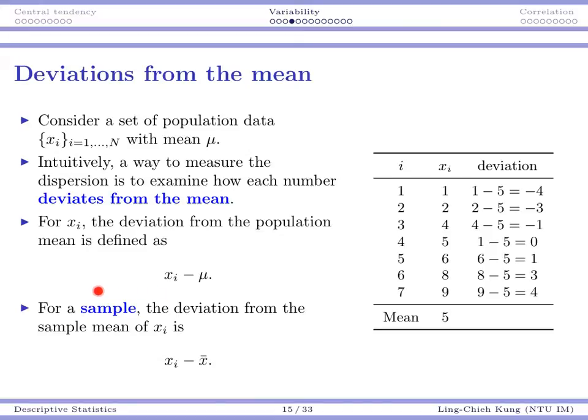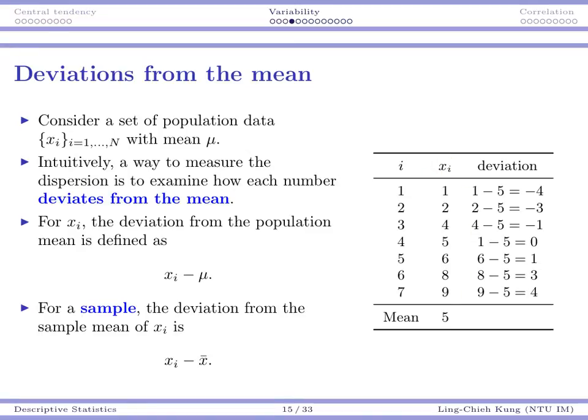If we are talking about a sample of data, then the deviation from the sample mean would be x_i minus x bar, where x bar is the sample mean. Very quickly, with this example, suppose we have x_i being 1, 2, 3, 4, 5, 6, 8, and 9. To calculate the deviation from the mean, first of course we need to calculate the mean, so we sum up all of them and then divide by 7.